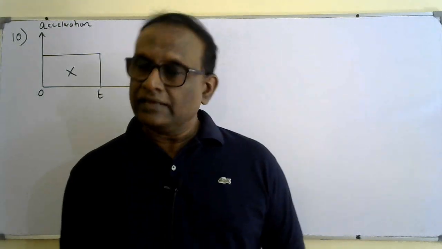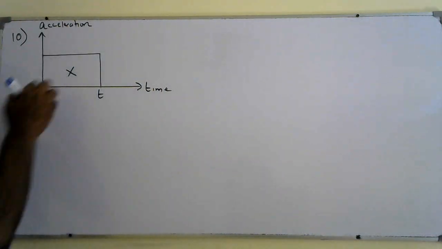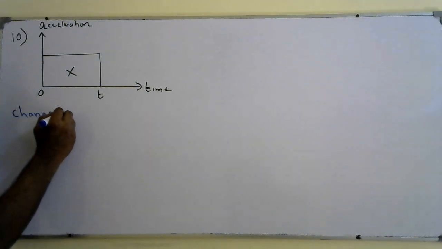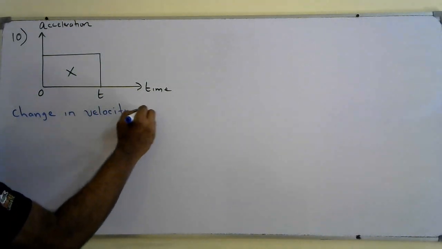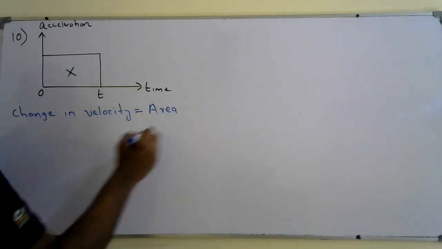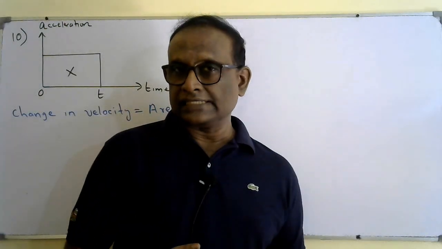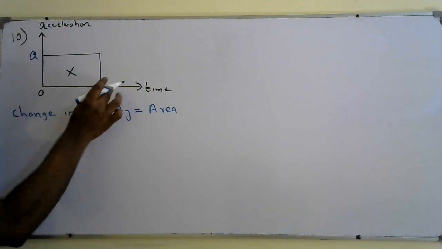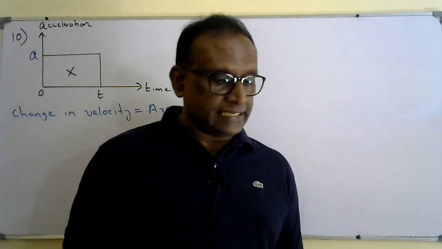We can do it that way. So we know that change in velocity equals area. It is accelerating at constant acceleration A, which is not given, for time t. The velocity changed from 0, since it was initially at rest.